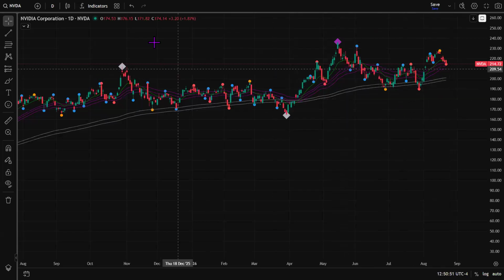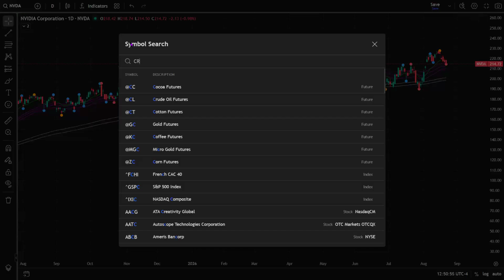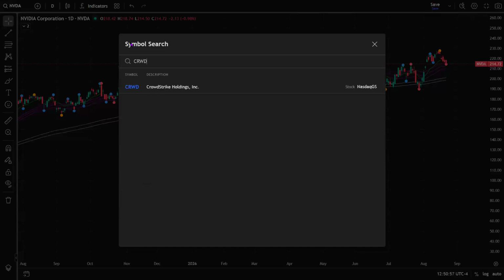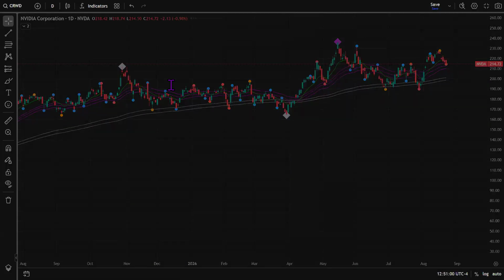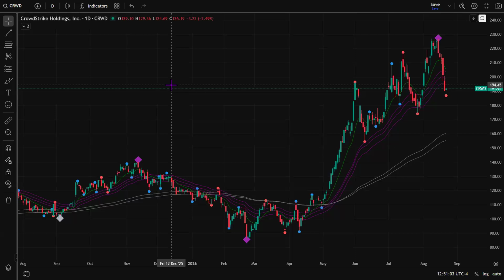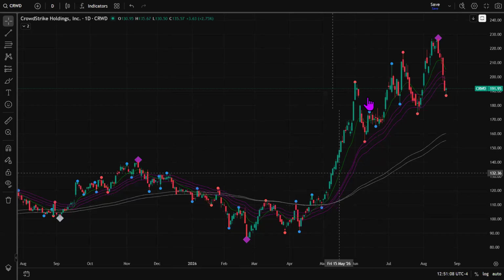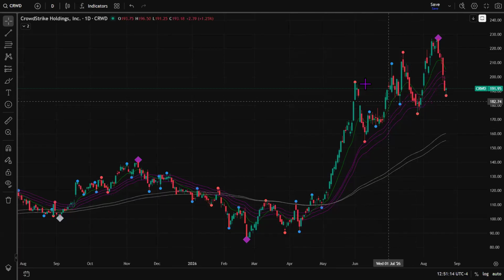Why don't we put up CrowdStrike? And I like to start on the weekly. Look at this move. Whoa. And then we came down into the wave. Move up, come down into the wave. Every time we get stretched, you have to be careful up here.